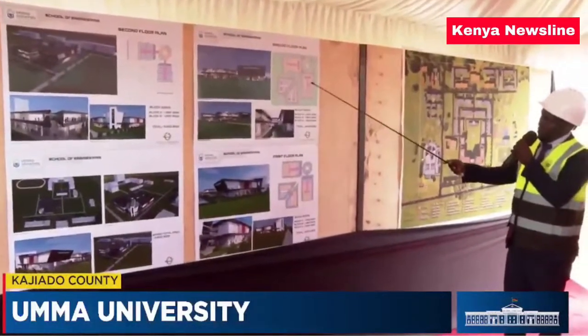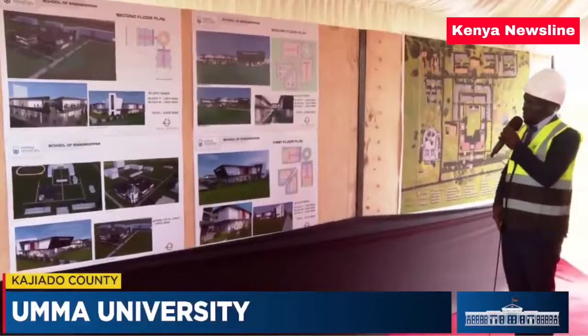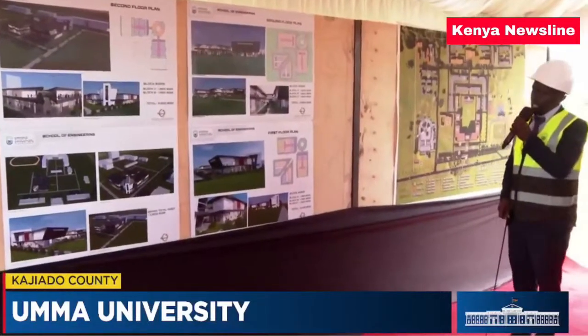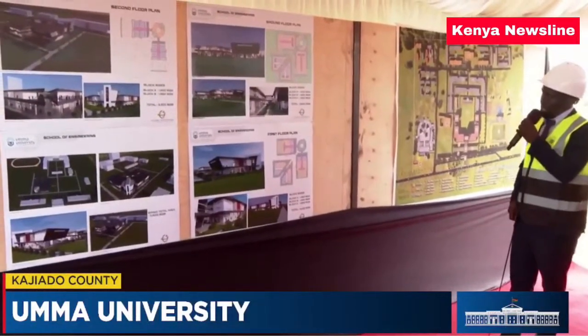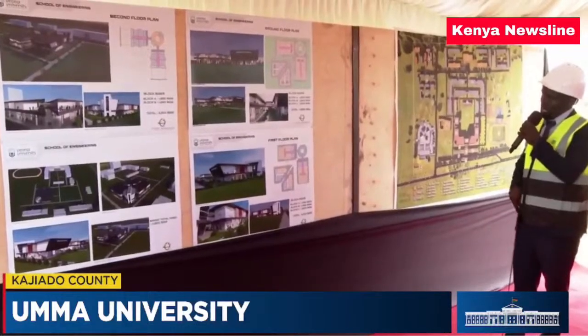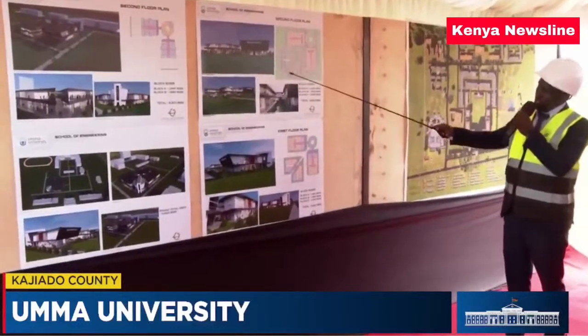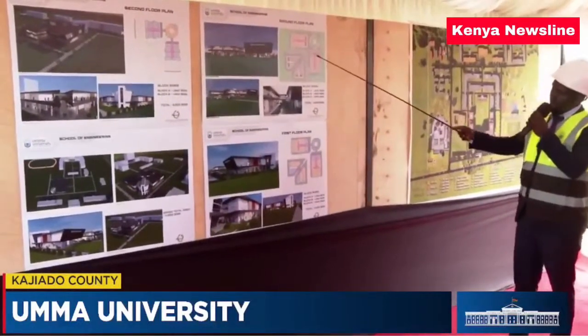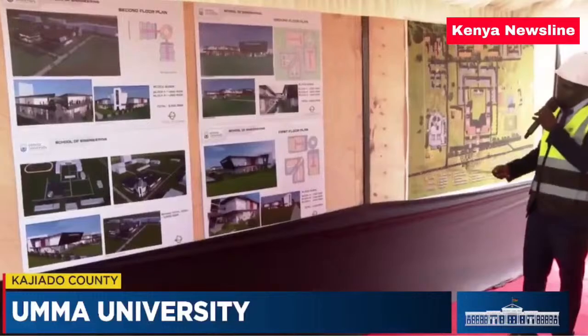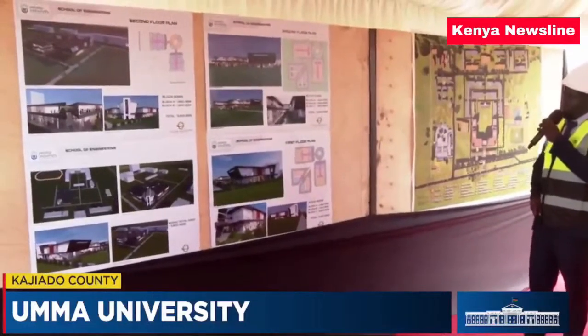For Block B, we'll be housing 4 programs, which are mining engineering, civil engineering, geospatial engineering, and environmental engineering. We also have Block C. This will be housing the lecture halls, staff room, and faculty offices.